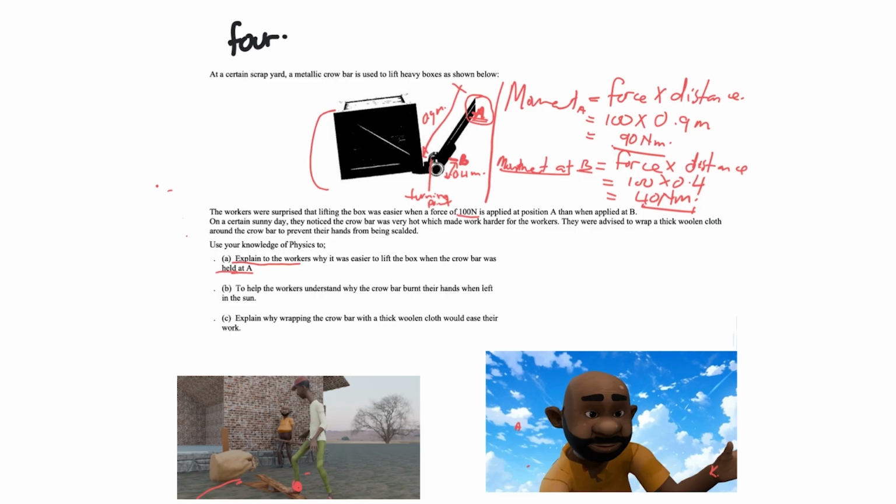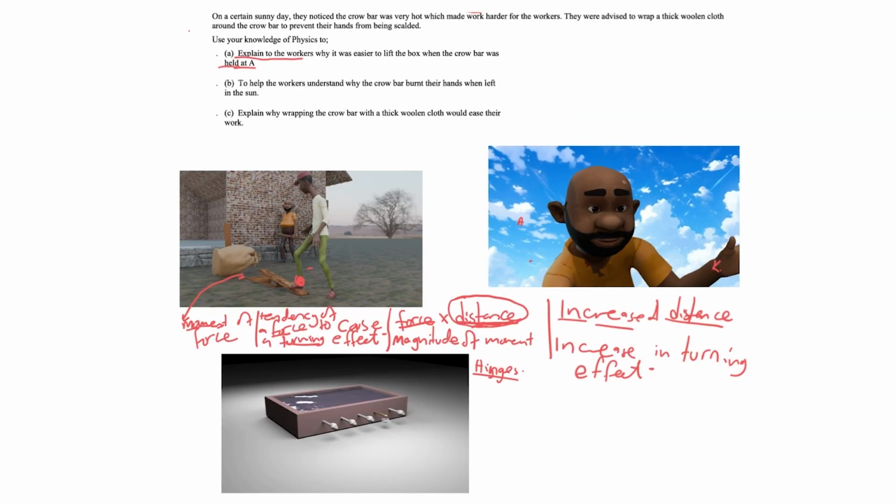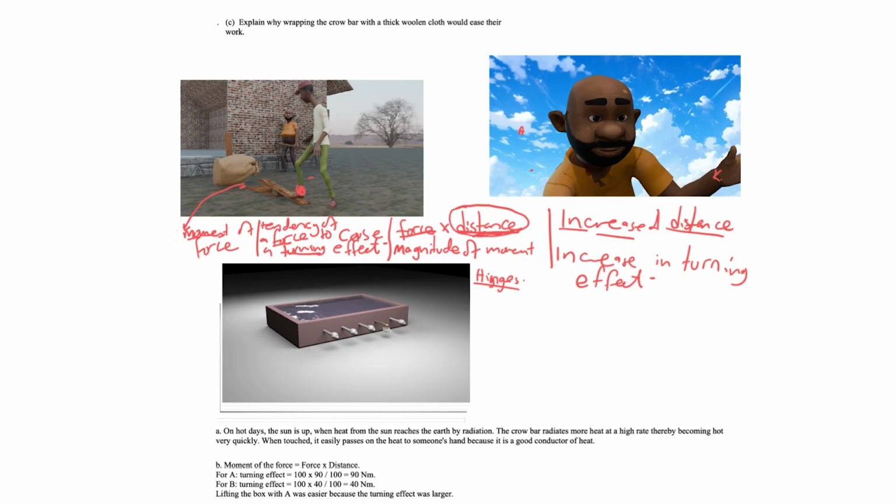Okay. Part B, to help the workers understand why the crowbar burnt their hands when left in the sun. To clearly understand part B, let us have a look at our animation down here. I have different metals.